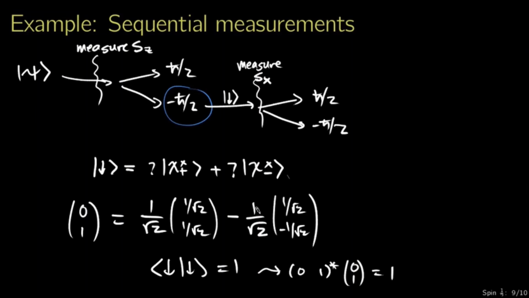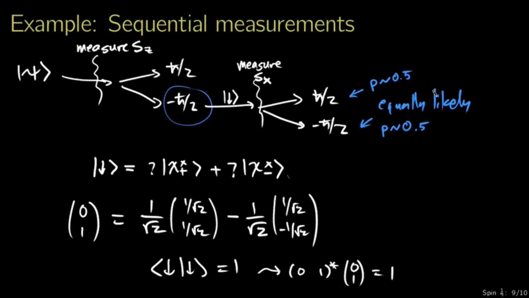This superposition then tells us that actually the down state is an equal superposition of the plus h bar over 2 and the minus h bar over 2 eigenstates associated with the S sub x operator. So actually, both of these are equally likely. This one is going to have a probability of 0.5. This one's going to have a probability of 0.5.